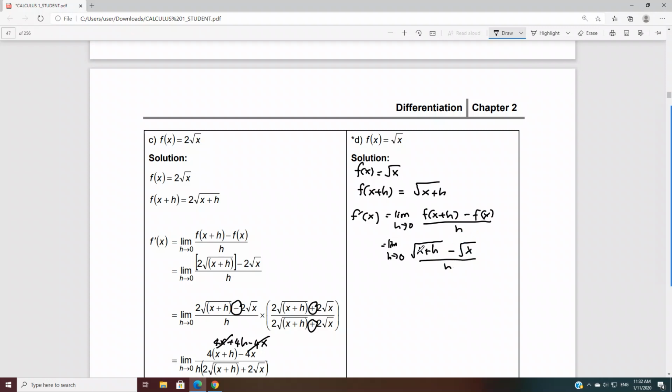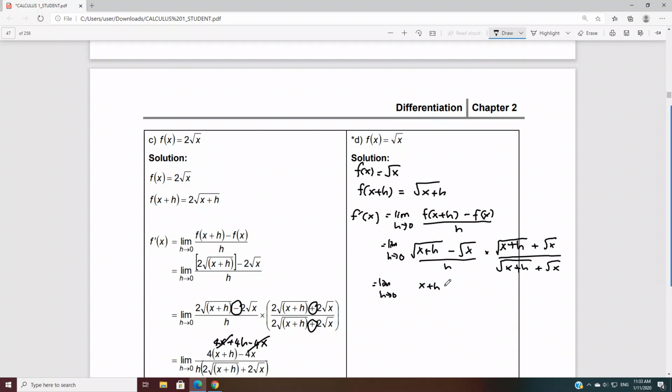Okay, so sekarang ni yang ni ada square root kan? Yang ada square root je kita kena darab conjugate. So darab conjugate, square root of x plus h plus square root of x over square root of x plus h plus square root of x. So dia akan dapat limit h equals to 0. Yang ni darab ni dapat hilang lah dia punya square root kan.